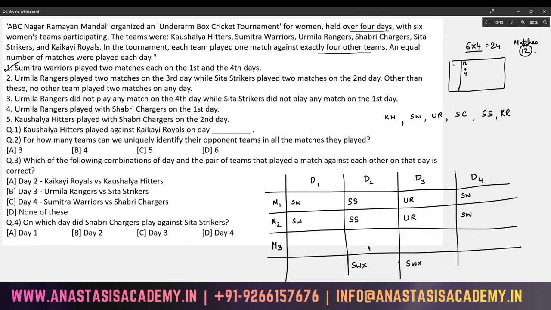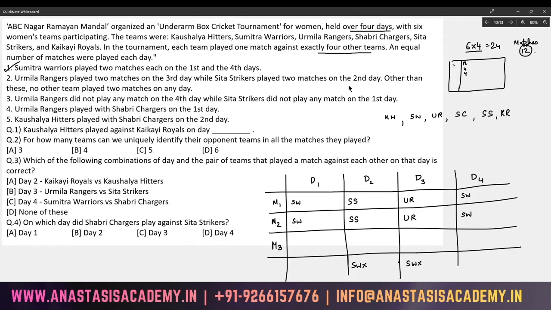If all the participants on day 2 and day 3 were different, we would have needed 6 teams. We already know Sumitra Warriors is out. They are not available on day 2 and day 3, which means at max there will be 5 teams playing here. Apart from Sumitra Warriors, everyone should be playing here.